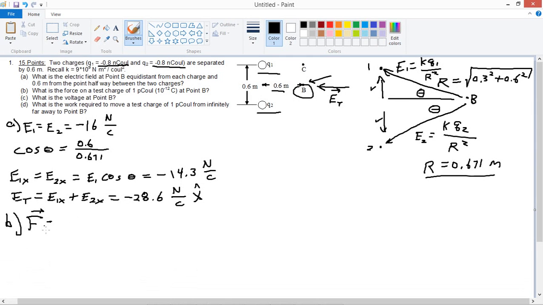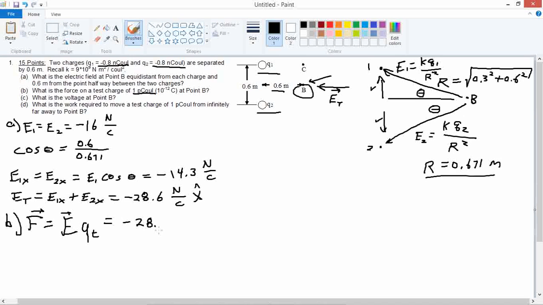The force is going to equal your electric field times the test charge, QT. Now, QT is 1 times 10 to the negative 12th coulombs, times negative 28.6.